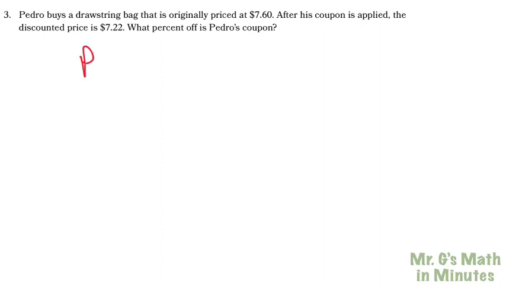So let's go ahead and use our part is equal to percent times the whole. It says originally priced, so that means that is our whole, which means that $7.22 is going to be our part. That's our discounted price. And we can leave it as a discounted price, but we can do this problem 2 different ways.